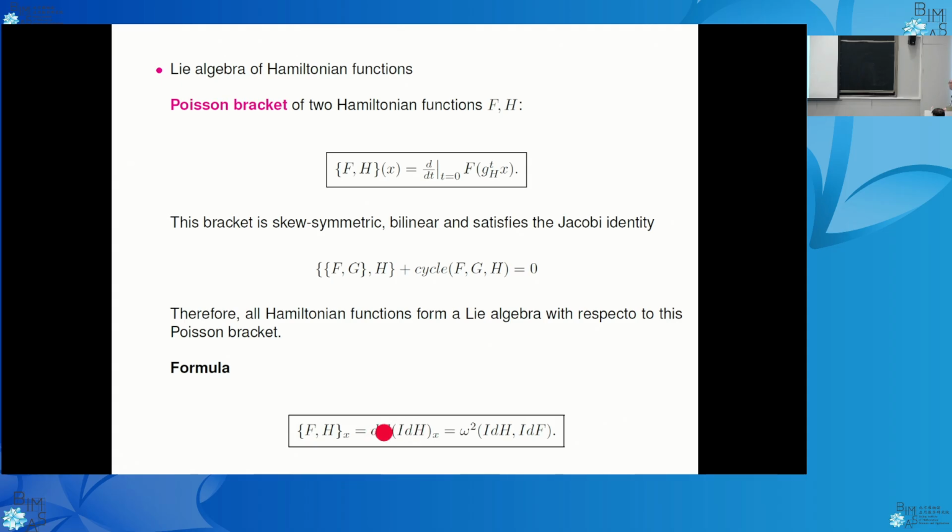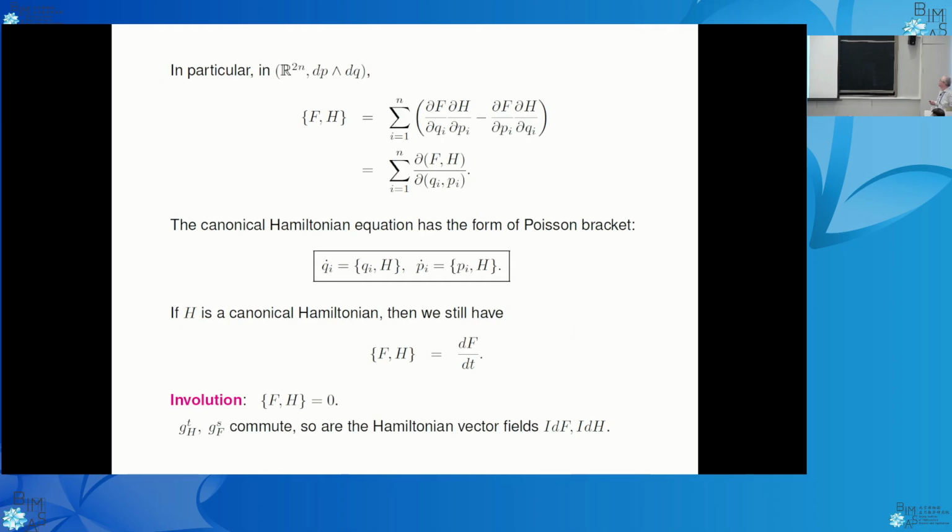Using the above theory, you can compute it through the omega 2 form, the differential two-form, evaluated on those two tangent vector fields. If the symplectic structure is the standard one, you can compute the Poisson bracket in a very good format. We usually use that to verify whether a finite system is integrable or not.